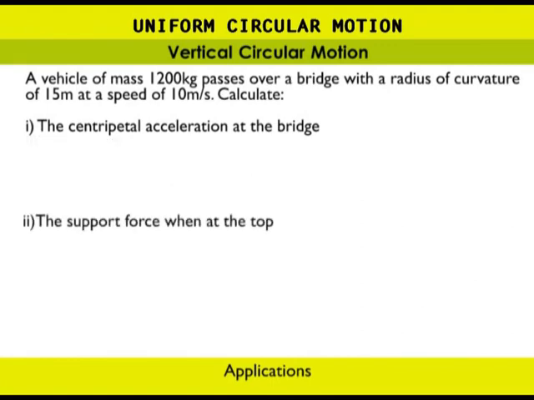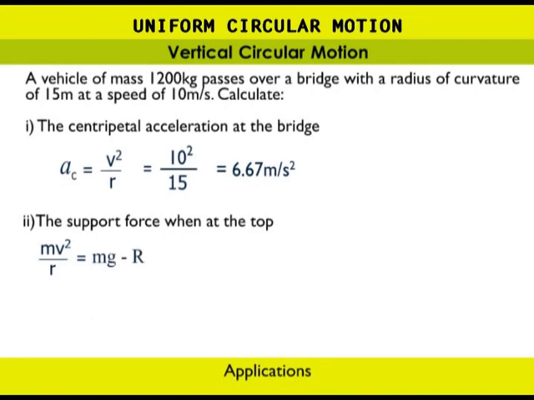1. Centripetal acceleration is given by v squared over r, that is 10 squared over 15, and that is equal to 6.67 meters per second squared. Secondly, the centripetal force mv squared over r is equal to mg minus R, and therefore R is equal to mg minus mv squared over r.